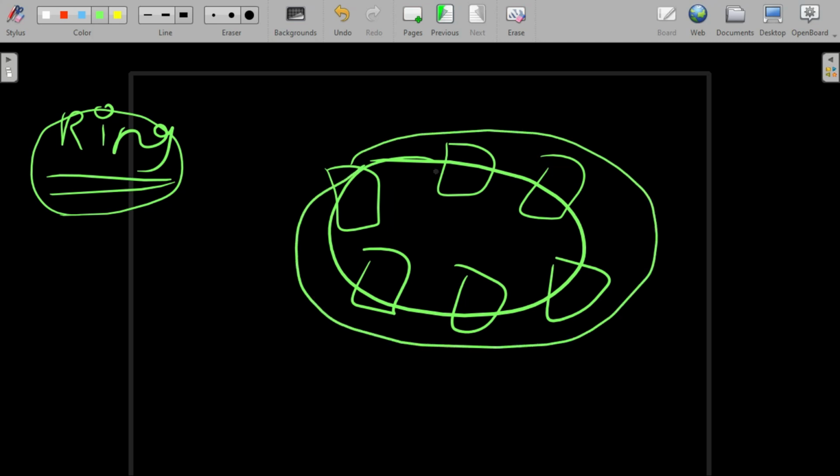So this is the ring topology. The advantage of the ring topology is that it organizes the communication. And a disadvantage is one failure may affect the entire network. If one system fails, it may affect the entire network.